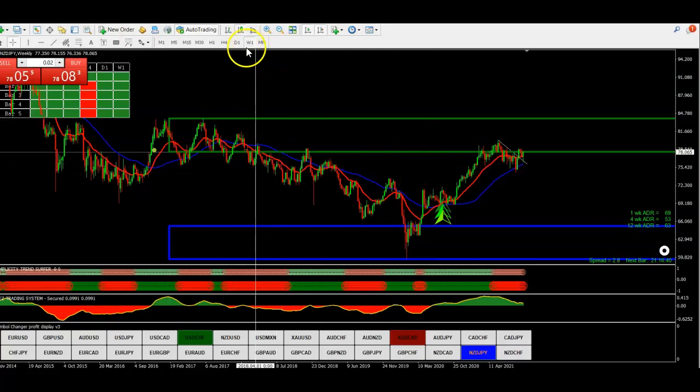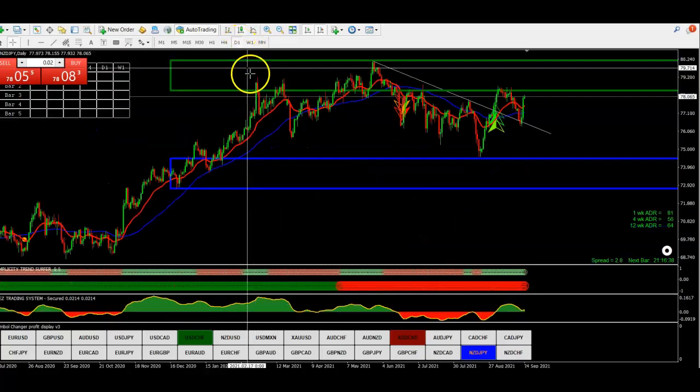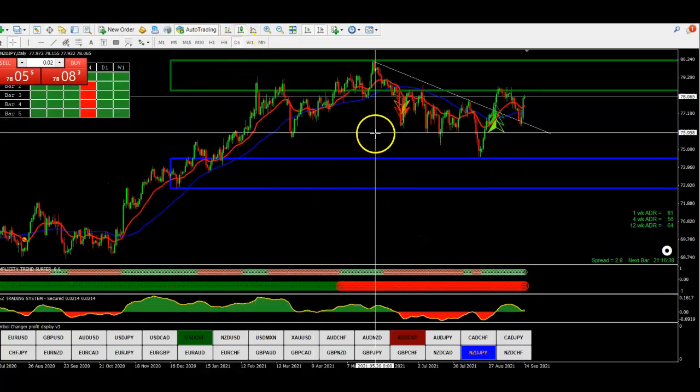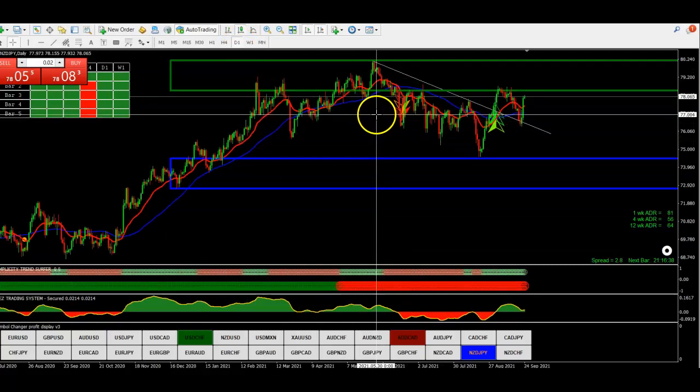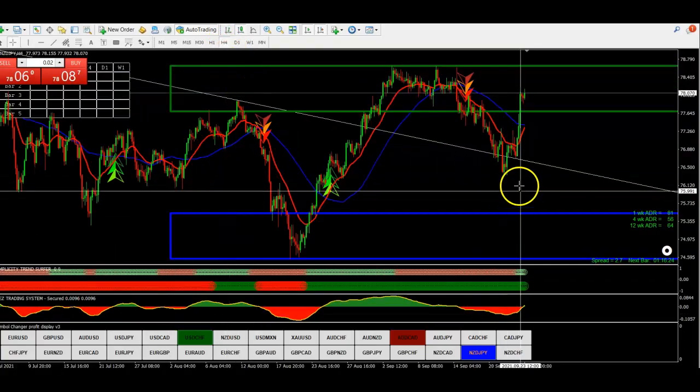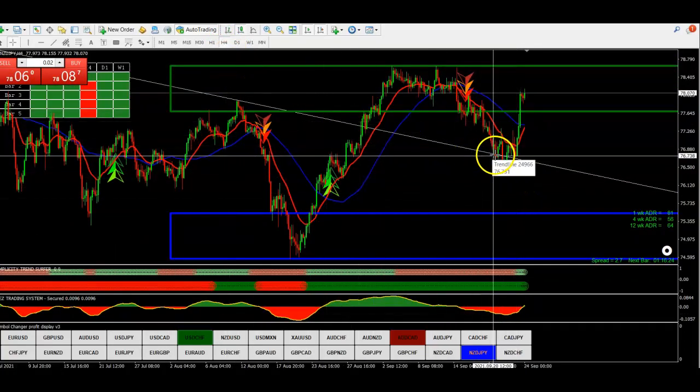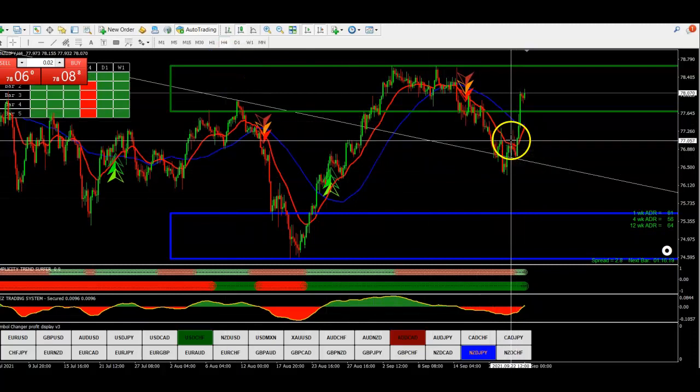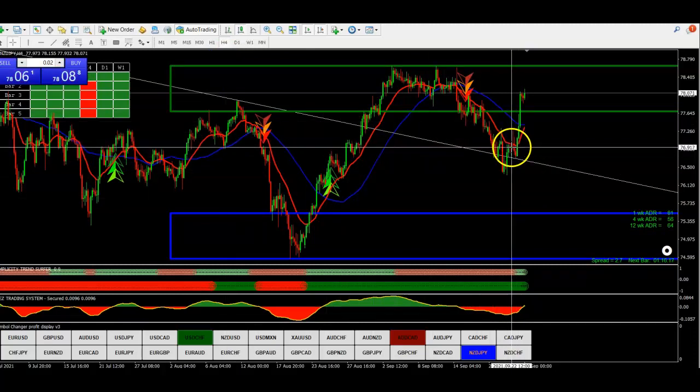I'm looking at weekly right now. Wow. Daily, 77.01. I got in around here, okay? And let's look. I got in this trade around this area right here.